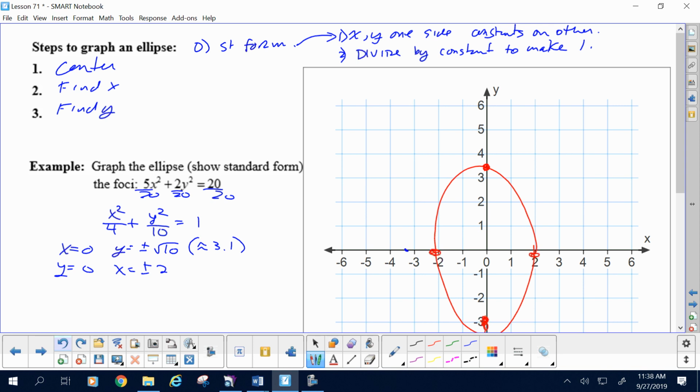So you would say this is a major axis vertical. Now this then is going to make for a little different triangle here. Remember I told you the foci are always on the major axis.